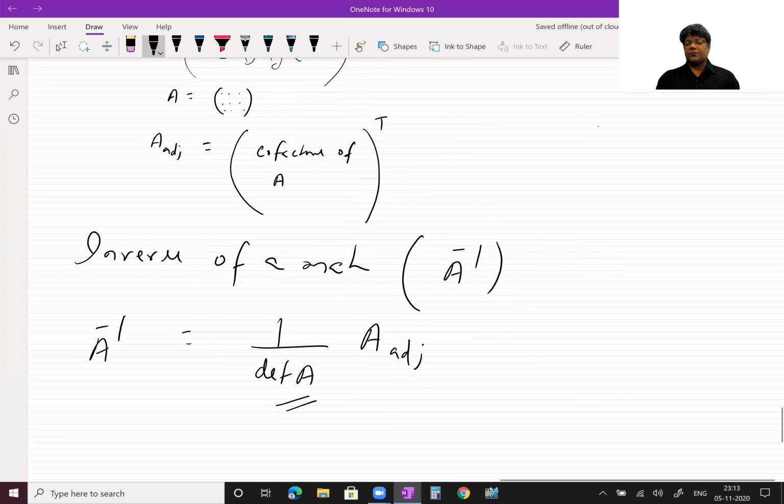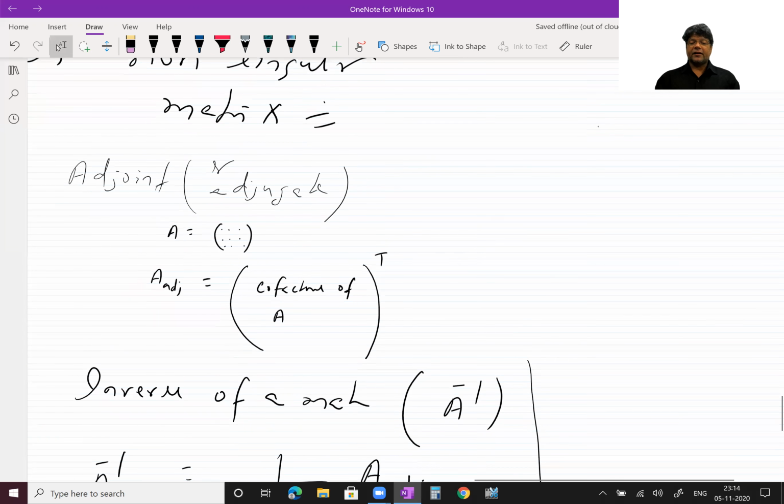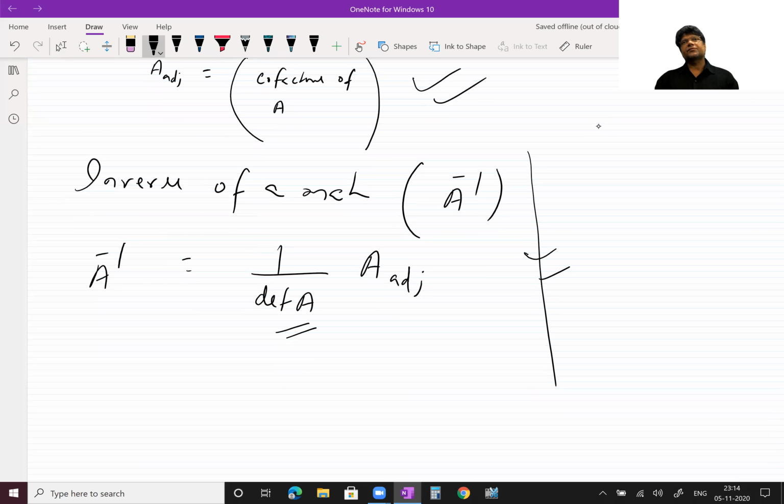So anywhere if you are asked to calculate A inverse, first of all you should check whether it is singular or not. If it is singular matrix, then and there it will stop. Why? Since A is a singular matrix, its A inverse does not exist. And if it is non-singular matrix, then only you can go ahead to find out the A inverse. How? First you will calculate the adjoint like this, and then you will calculate the inverse of the matrix.